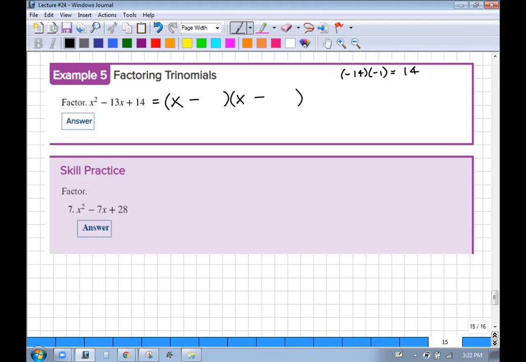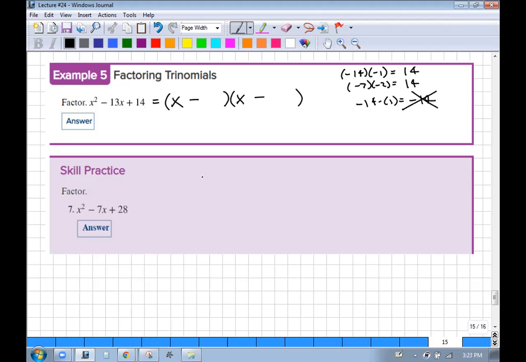We could look at negative 7 and negative 2. They multiply to give us 14, but they add to give us negative 9, right? And let's see, there aren't any other integers that multiply to give us 14, are there? If we did a negative 14 and a positive 1, negative 14 times a positive 1 is negative 14. This is a positive 14.